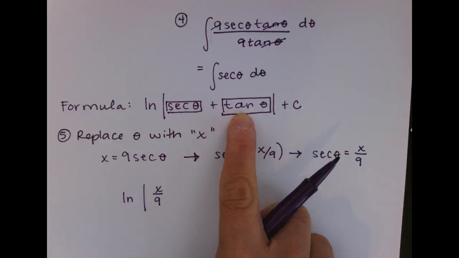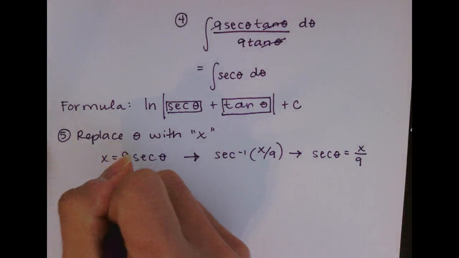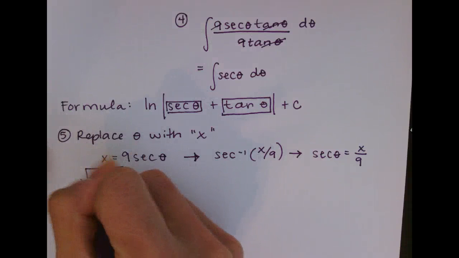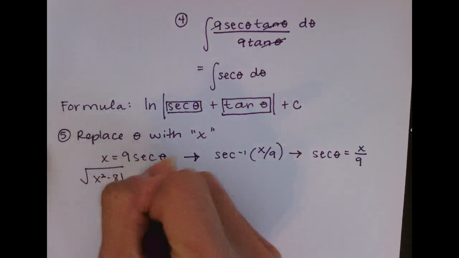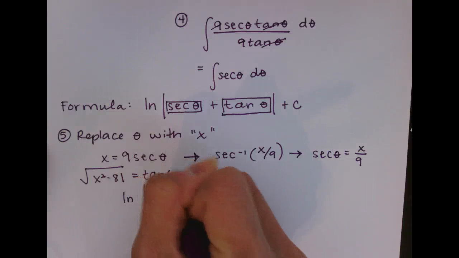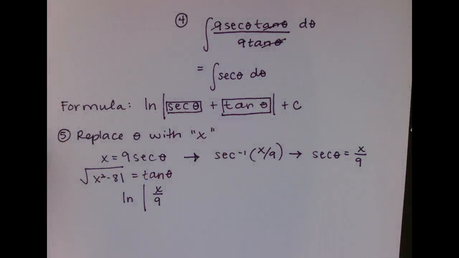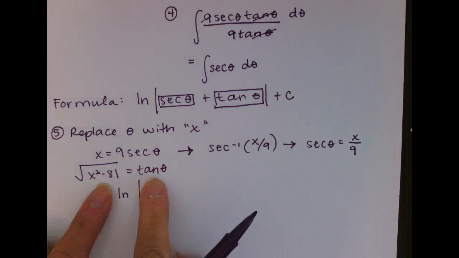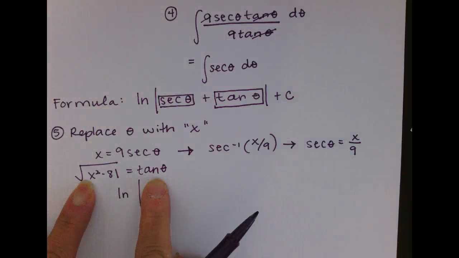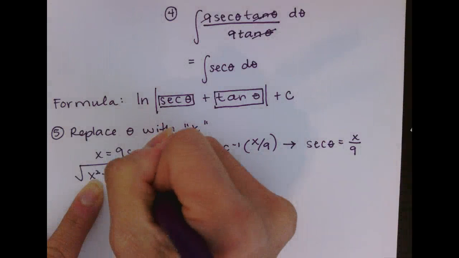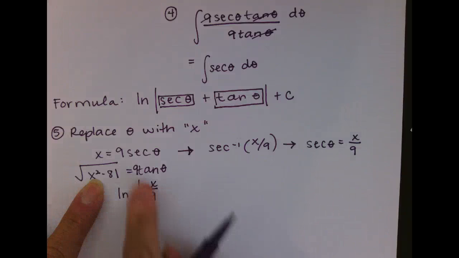The other option is that when we substituted, one of the substitutions that we made was for the tangent of theta itself. So we said the square root of x squared minus 81 was equal to 9 tangent of theta.